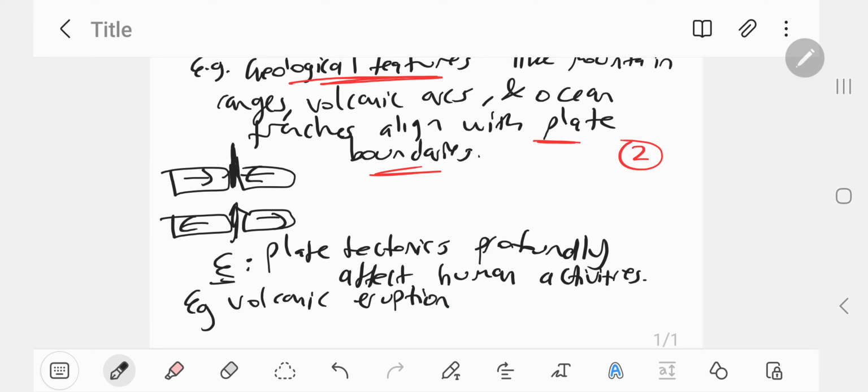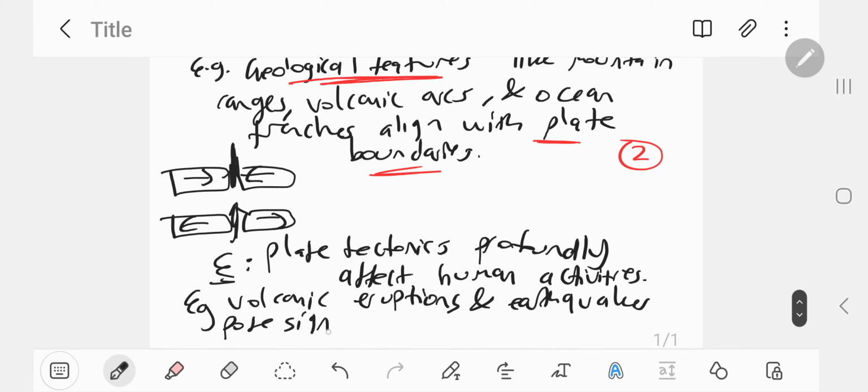It's not enough to just state the fact that they affect human activity. It's important to state an example to show how that actually happens. So volcanic eruptions and earthquakes. So these are the most prominent examples, I'd say, most common examples.